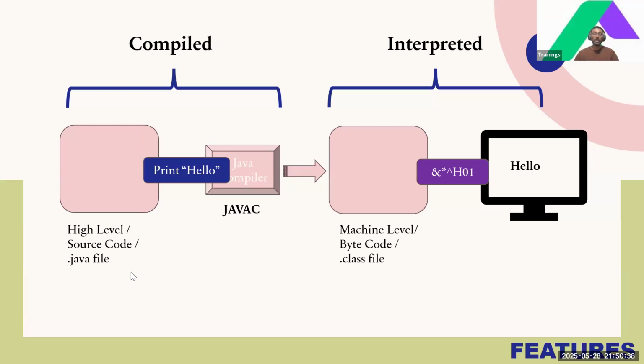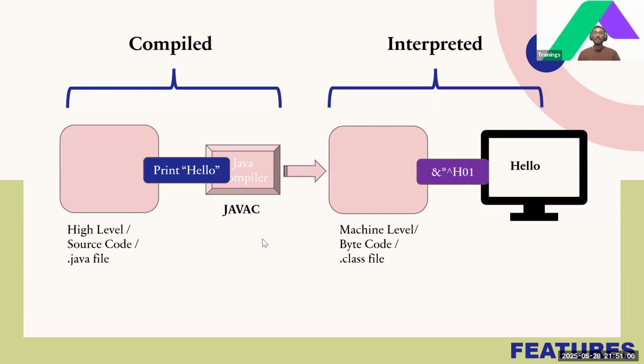But what we require to run the application is the .class file. So that is why we call Java platform independent. See, the .java file being platform independent doesn't make Java platform independent. Java is platform independent because the .class file is platform independent, because this is our executable file, correct?